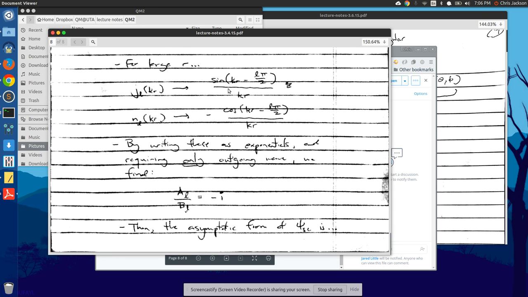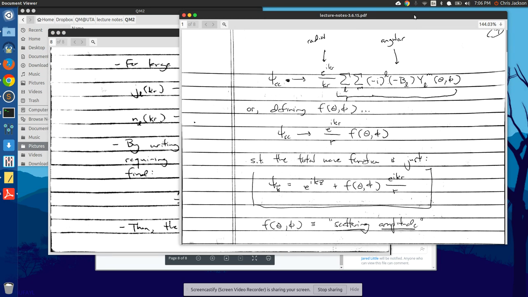When you have that, you're able to figure out a relationship between these coefficients. To have a purely outgoing wave, their ratio has to go like minus i. Okay, so in that case, let me go over here. So in that case, we can write the scattered wave like this.